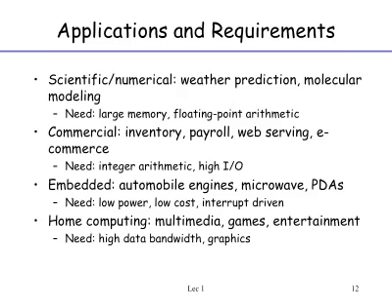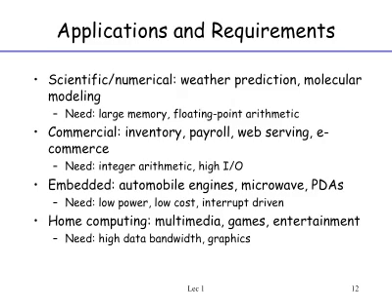Applications and requirements. This is a list of different application domains, from scientific application to commercial application to embedded application to home computing. You can see that these different application domains have different problems to solve.